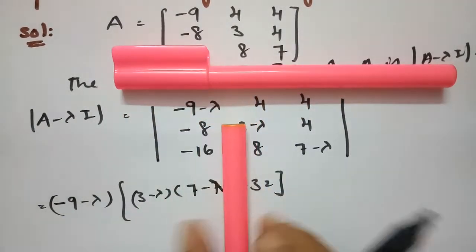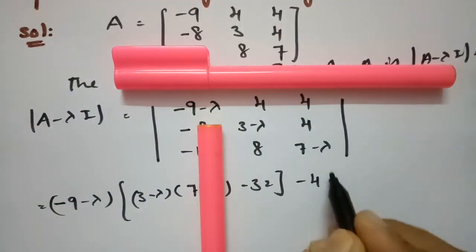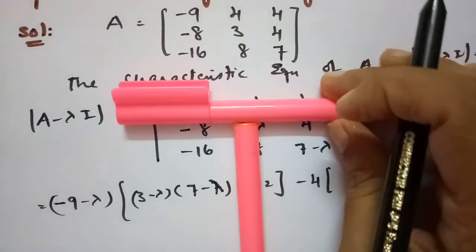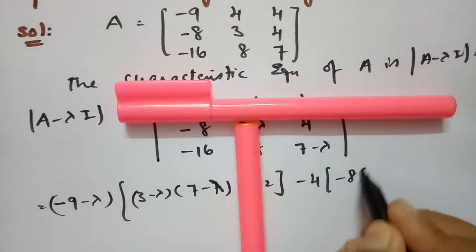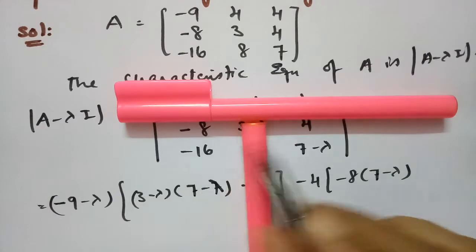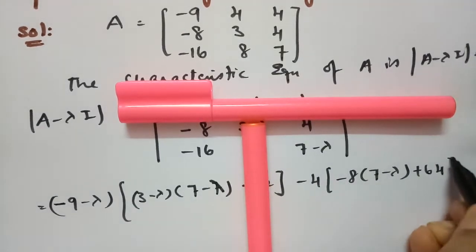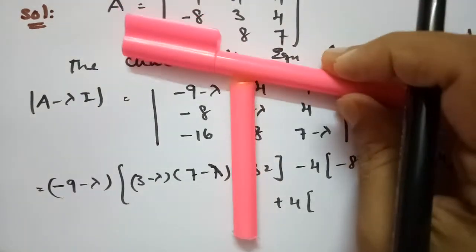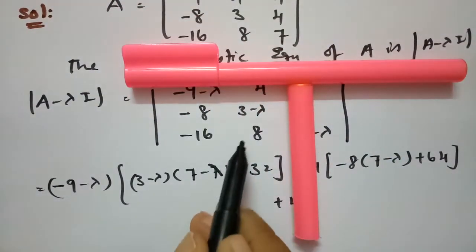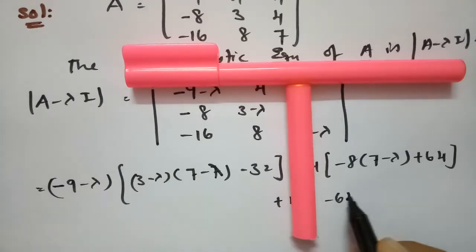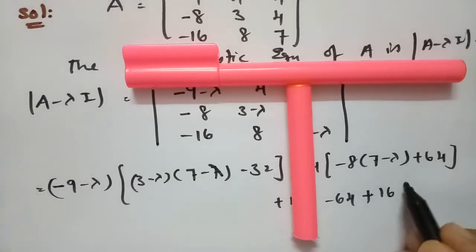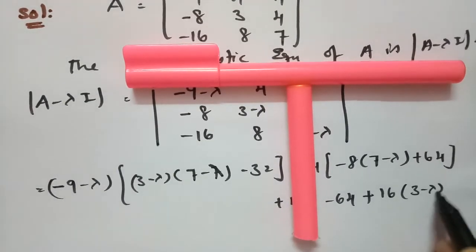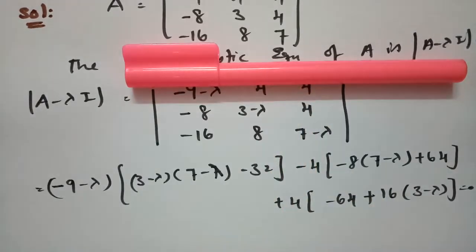And the second one is -4 times of. If I multiply, this will be -8 into 7 minus lambda, and this is minus of minus plus 64. And the next element here is plus 4 times of, if I multiply, this is -64 minus of minus plus 16 times of 3 minus lambda is equal to 0.